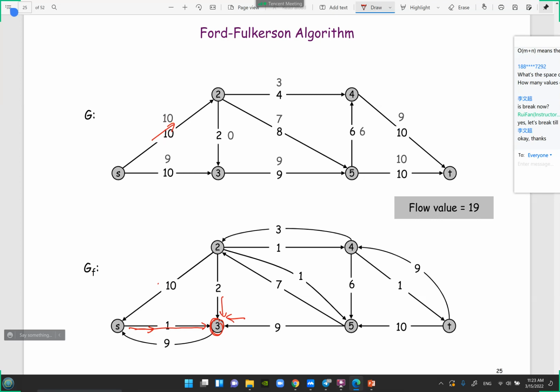This means that in this graph there is no path from S to T; you just get stuck at node 3. Because you cannot find an augmenting path, the Ford-Fulkerson algorithm terminates. When you terminate, we found a flow of size 19, and the claim is that this is the maximum flow in this graph.